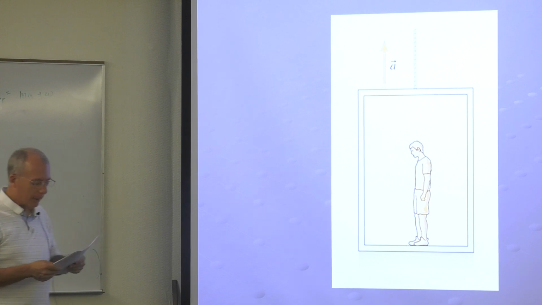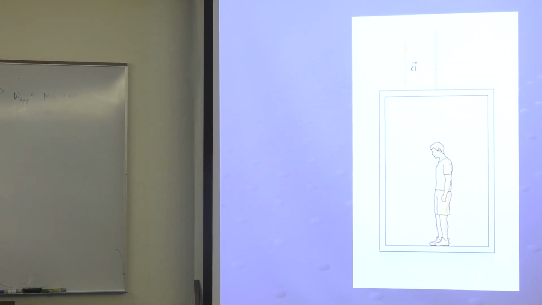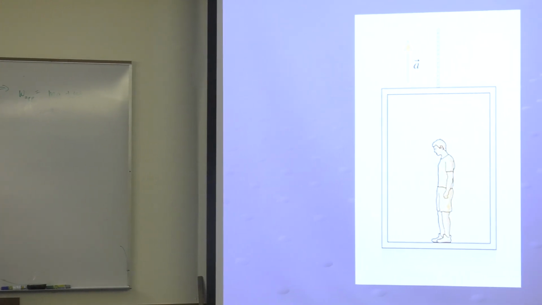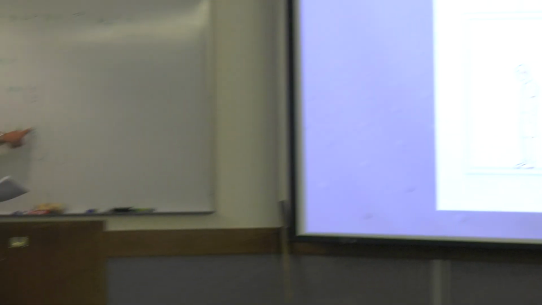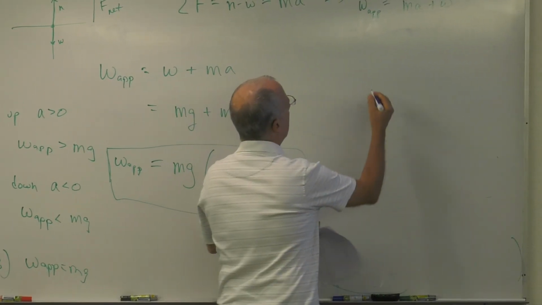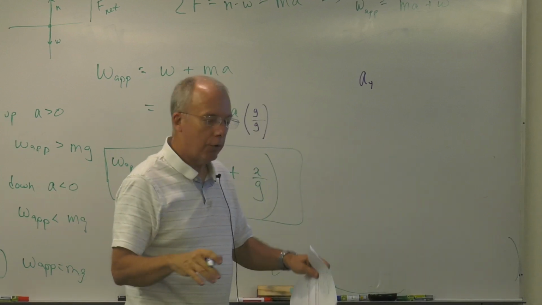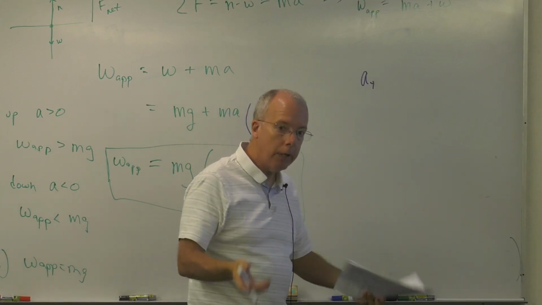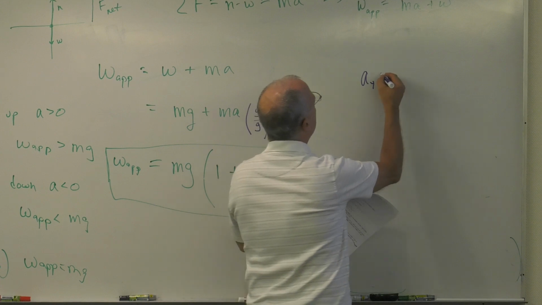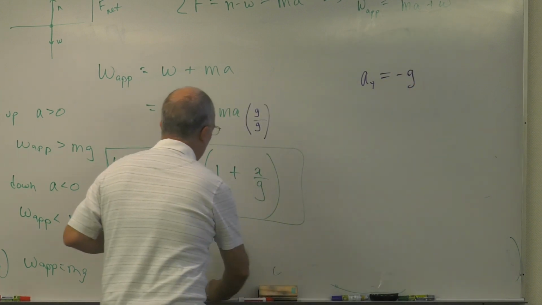All right. A minute ago or so we talked about jumping off the edge of a cliff. If you jump off, what is a sub y, ignoring air resistance? Well, you're in free fall, so a sub y equals minus g. So let's go to our wonderful equation.